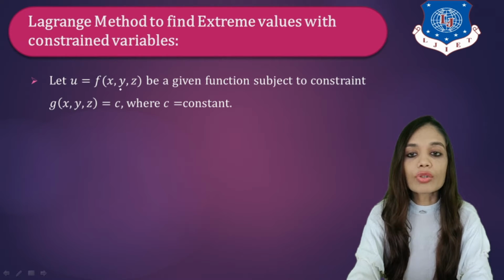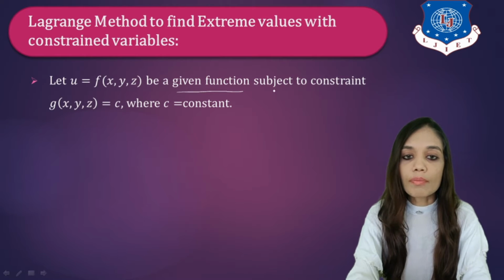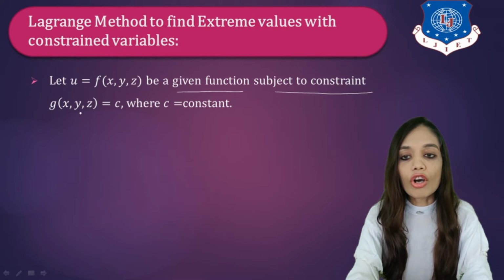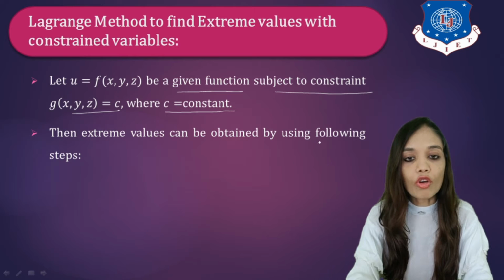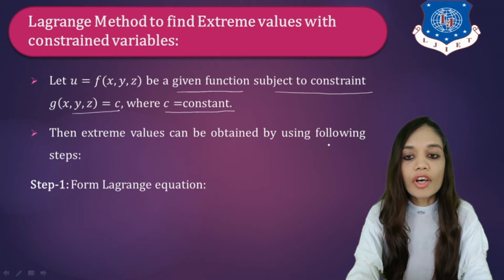Let u is equal to f of x, y, z be a given function subject to the constraint g of x, y, z is equal to c, where c is a constant, right? So this will be given in your question. Now the extreme values can be obtained by using following steps. So step 1.